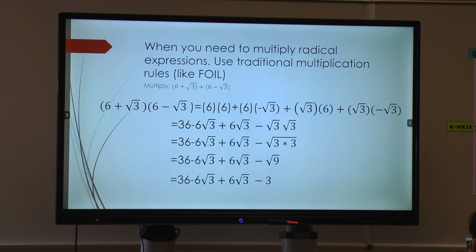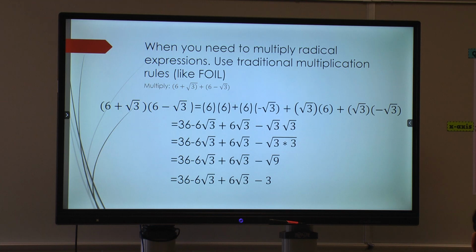They're opposites. If I say positive 1 minus 1, what am I going to get? 0. They cancel each other out.